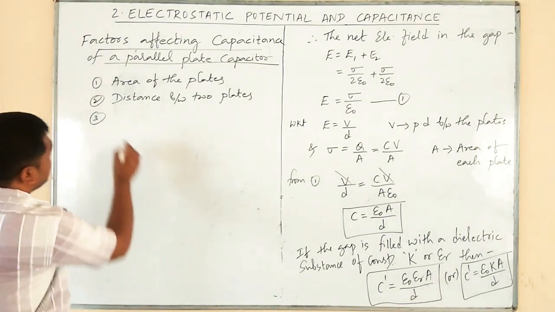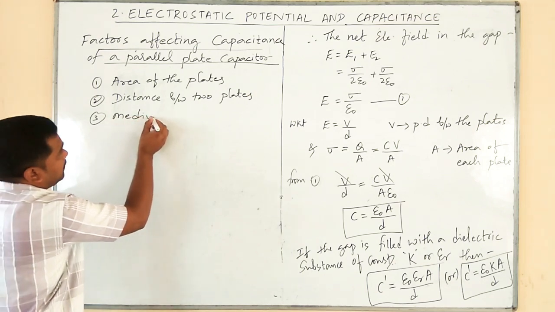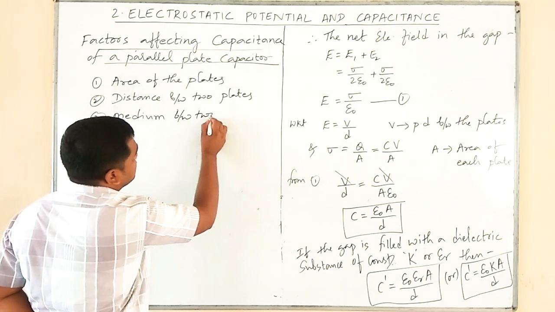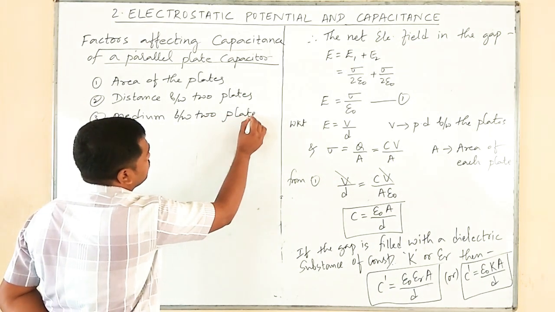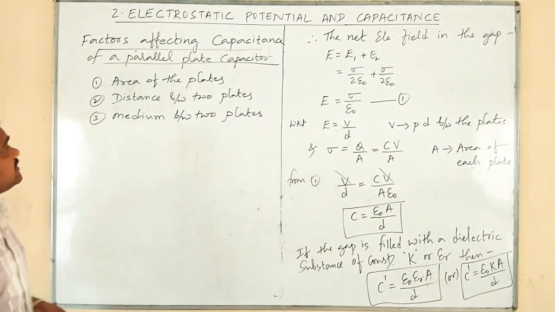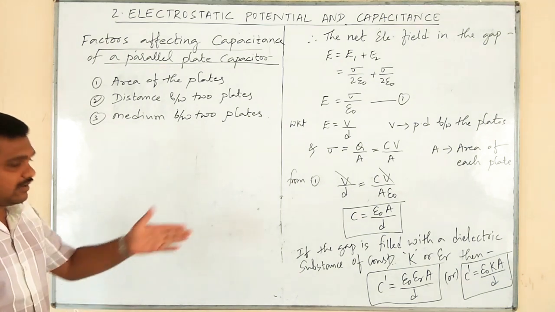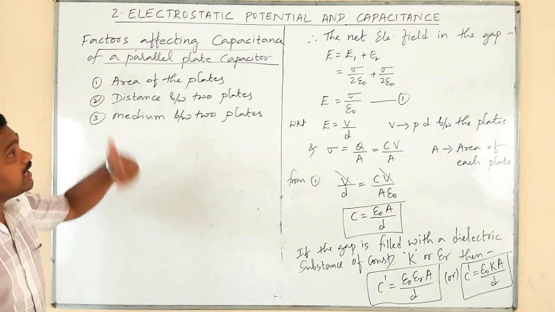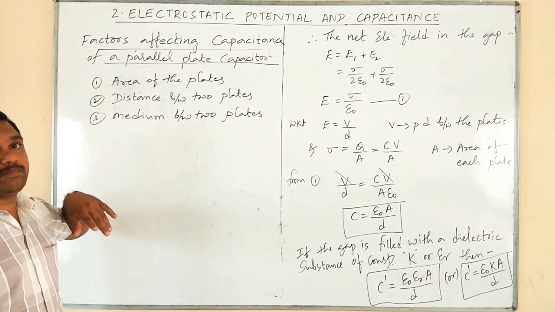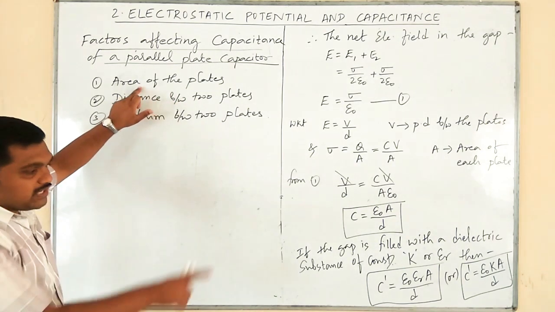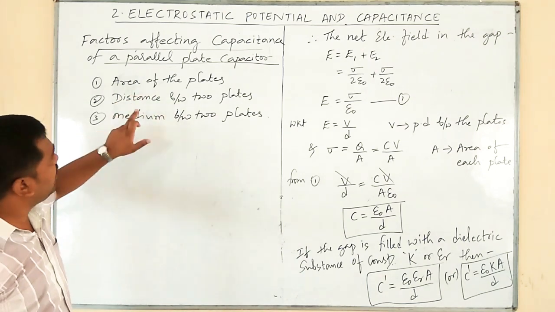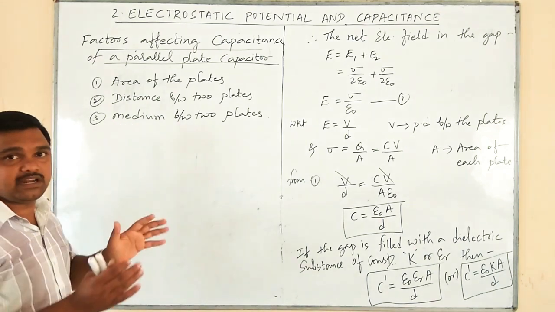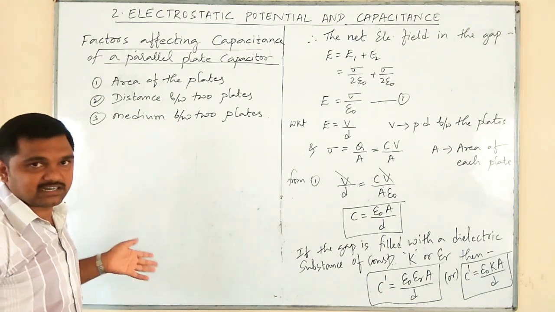And the third one is the medium between the two plates. These are the 3 factors which mainly affect the capacitance of a parallel plate capacitor. We can increase the capacitance by increasing the area of the plates, or by decreasing the distance between the two plates, or by placing a medium having a dielectric constant.